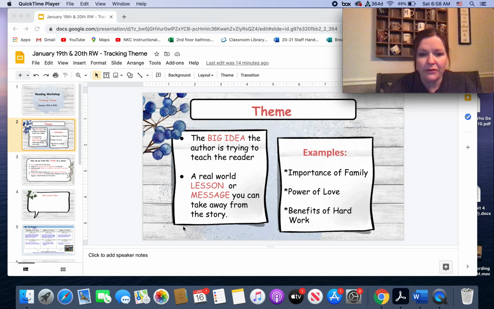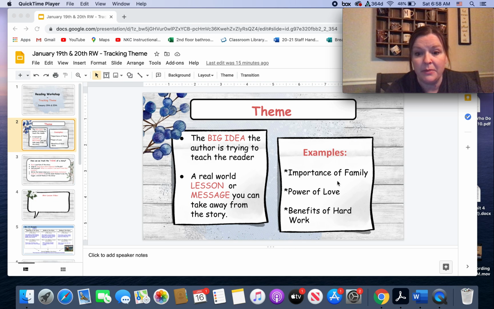I think of it as the real world lesson or message that you can take away from the story. So it's not what happened in the story, it's what you learned as a reader from what the characters did. For example, a theme could be the importance of family. You could read a book and realize it's really important that I value my family relationships.